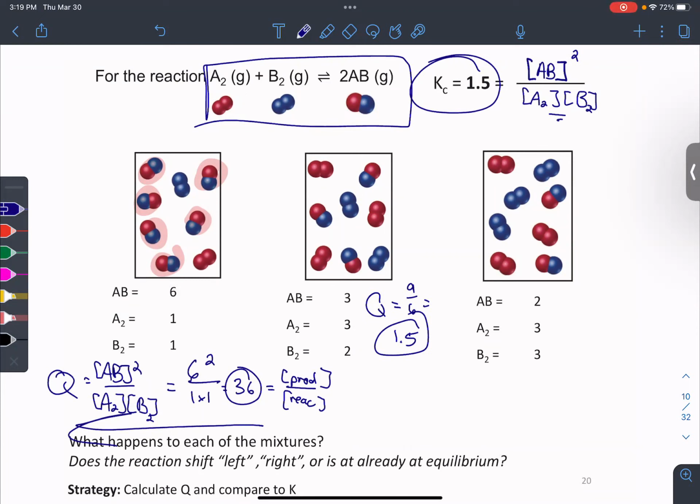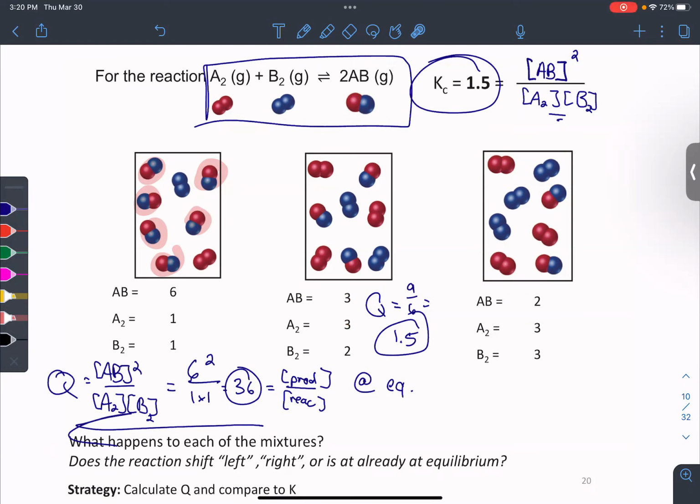So that also means that this reaction is already at equilibrium because Q is equal to K, the K that I defined at the beginning. So we are at equilibrium in that middle picture, right? That means the forward rate and the reverse rate are overall equal to one another, so we won't see a net change in particles. We should always continue to see 3 ABs, 3 A2s, and 2 B2s, always. Okay, so we're at equilibrium.